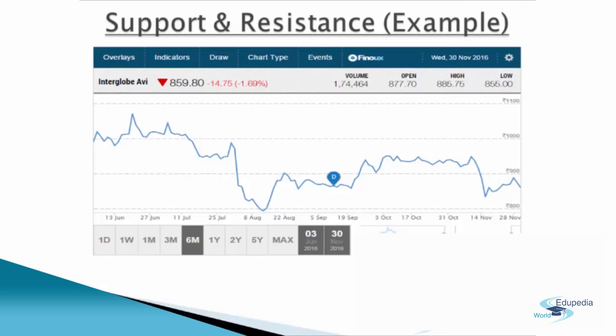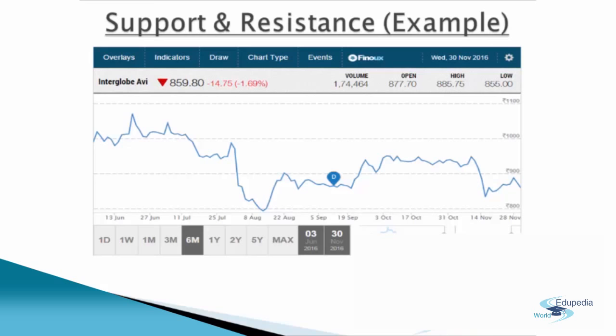However, if you notice the figure on the upside on 14th of November, the price touched almost 950 rupees. So here's the resulting impact for support and resistance. On 9th of August it was 800 rupees, so that is the support which has been provided.